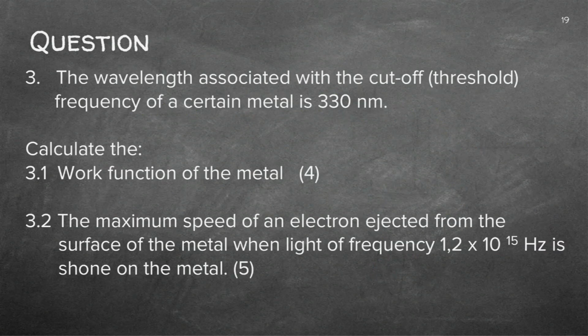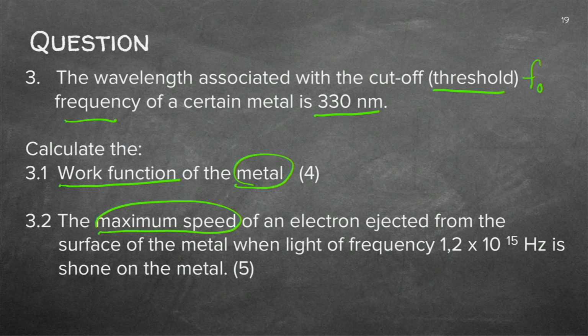Another question. The wavelength associated with the cutoff or threshold frequency, remember we abbreviated it with that, is 330 nanometers. They're asking me to calculate the work function of that specific metal and the maximum speed of the ejected electron.